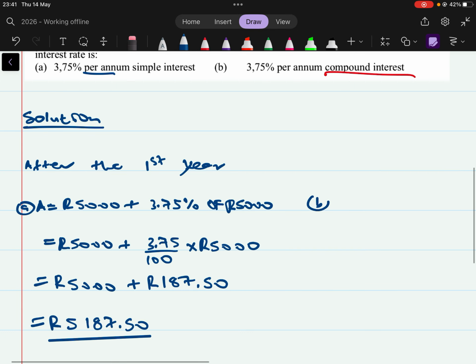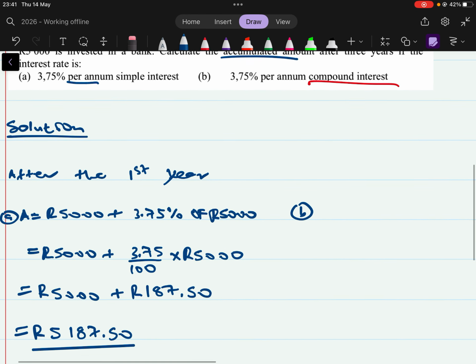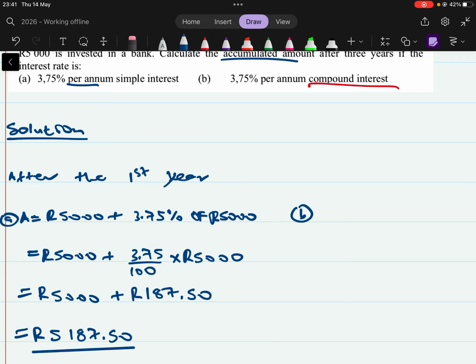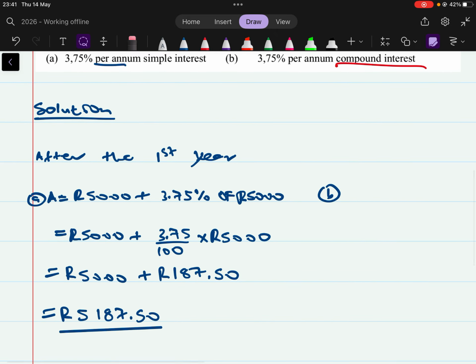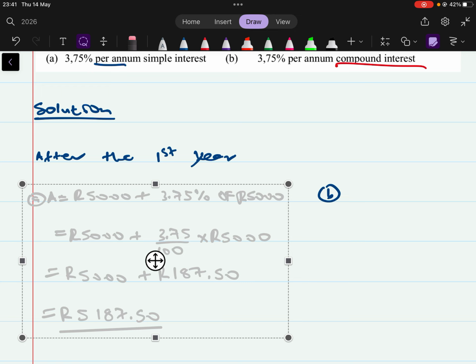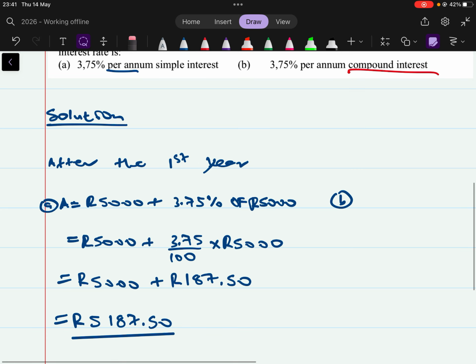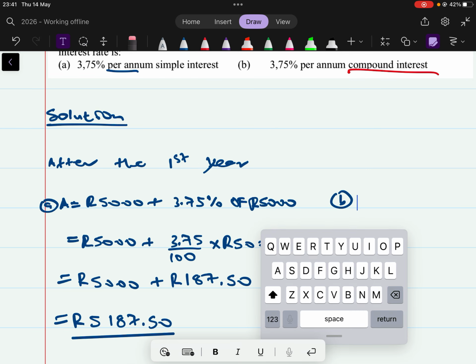So with B as well, it's going to be pretty much the same, because essentially at the end of the first year, if it's compounding, we are still only having 5,000 rand and we are getting 3.75% of 5,000 rand. So I'm not going to really waste a lot of my time here. I'm going to take this, just copy it and paste it here, if it will allow me. Of course, sometimes technology will disappoint you in front of everyone.